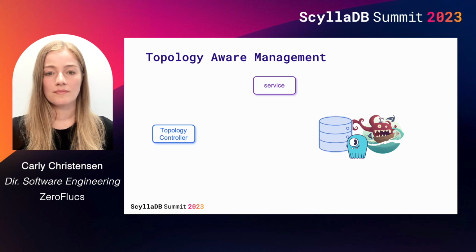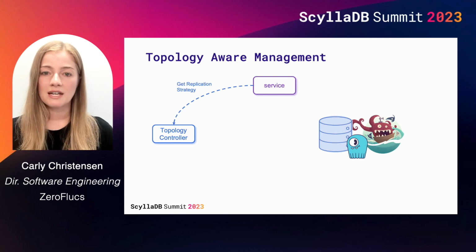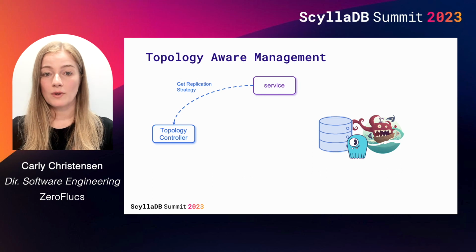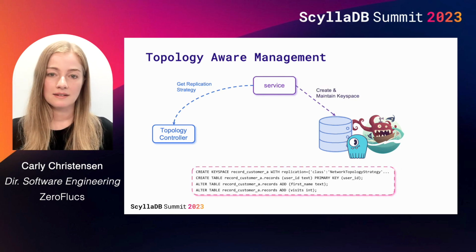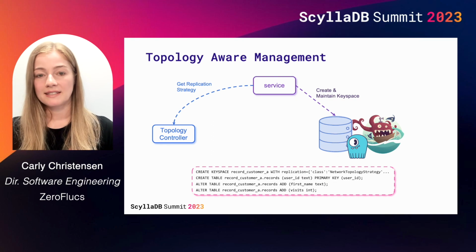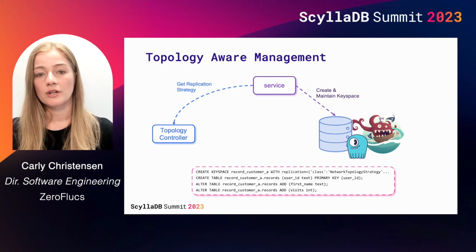So on startup, the service will call topology controller and retrieve its replication settings. It will then combine that with its table definitions and use that to maintain its key spaces in Scylla. You can see here an example of some DDL statements generated by Charybdis that include a network topology strategy.